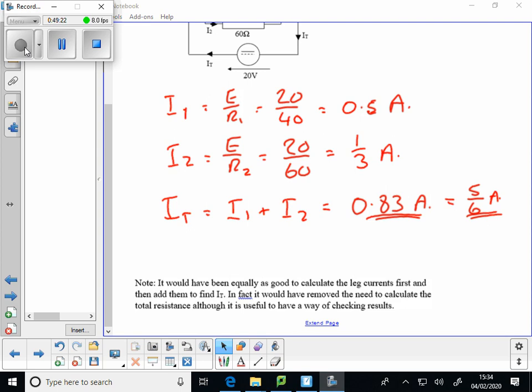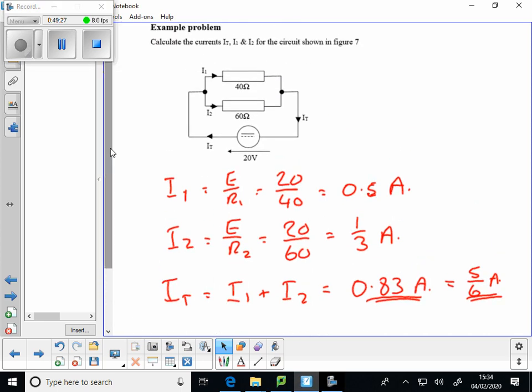The other way you could have done it was to calculate the total resistance, use that to calculate IT, and then calculate I2, and then there's a check that adds together the total.